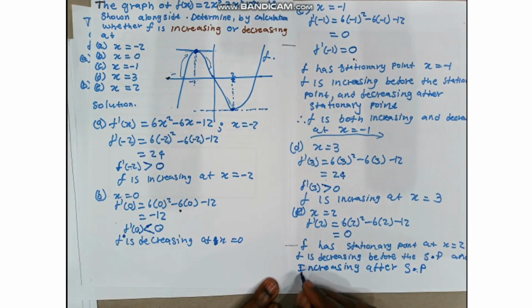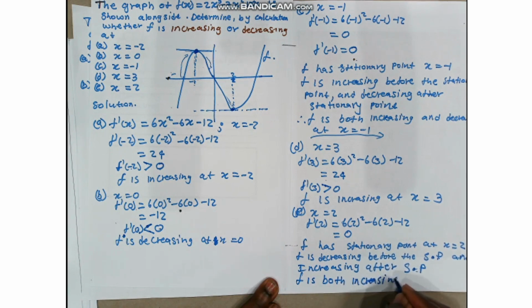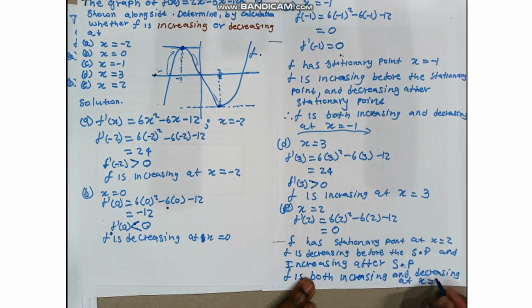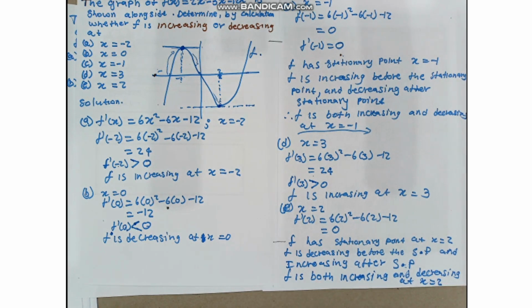So our f is both increasing and decreasing at x is equal to 2. I hope you get that interpretation of the graph. Thank you.